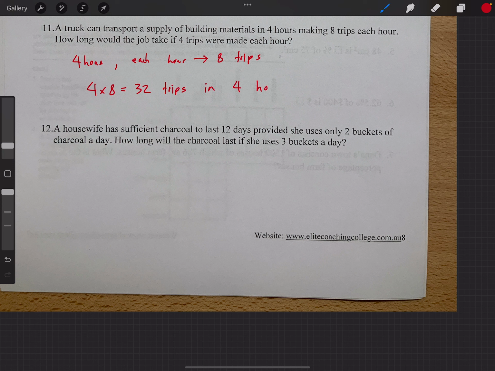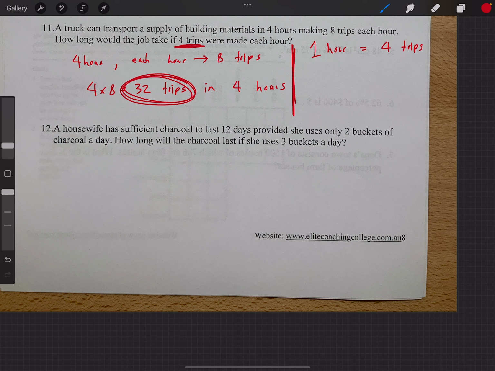How long would the job take if 4 trips were made each hour? Okay, now you need to do 32 trips altogether. That's the total number of trips to finish the job. In 1 hour, it's going to do 4 trips.